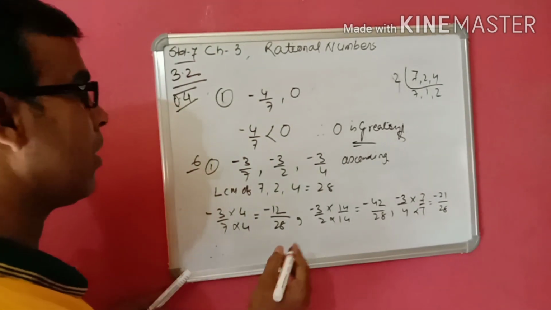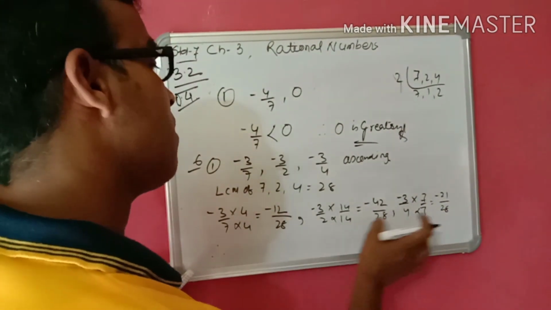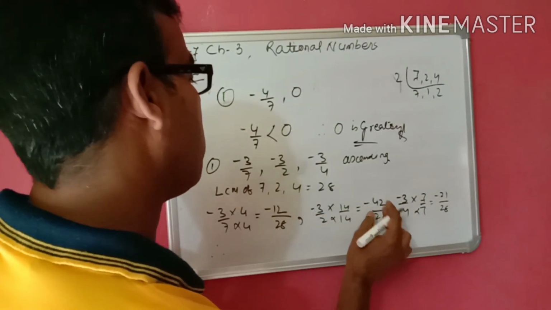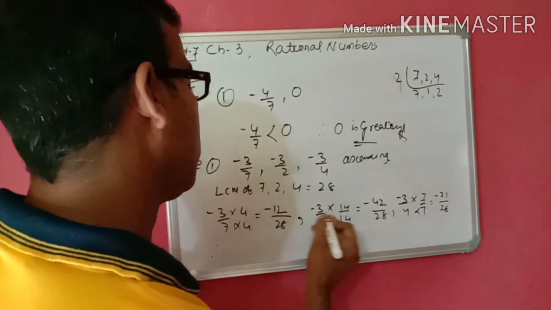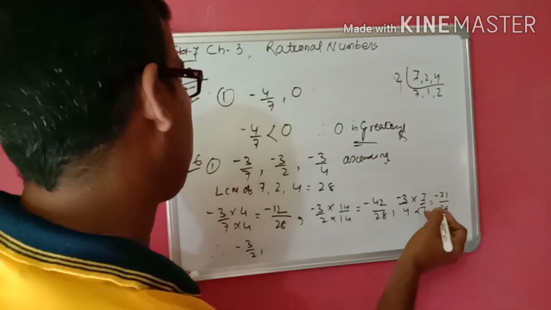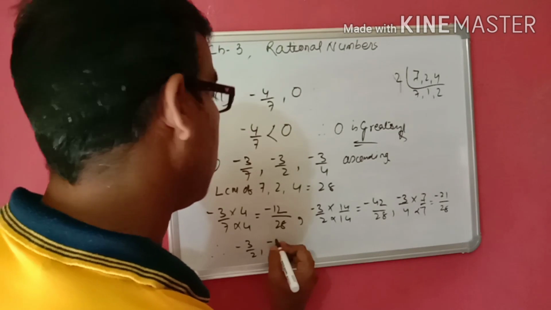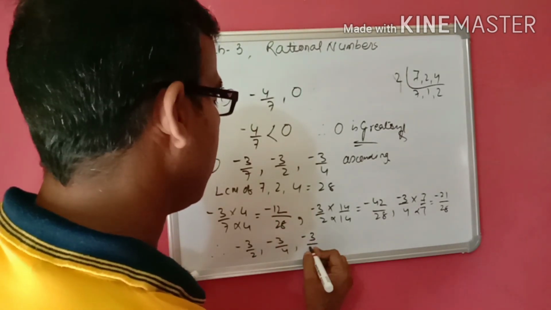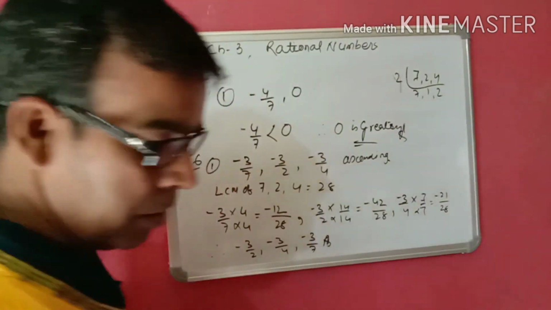Now compare: all the denominators are the same, and ascending order means smaller to bigger. First the smallest number, minus 42, representing minus 3 by 2. After that minus 3 by 4, then minus 3 by 7. This is your required answer. Please write down.